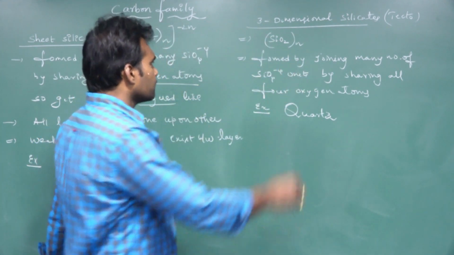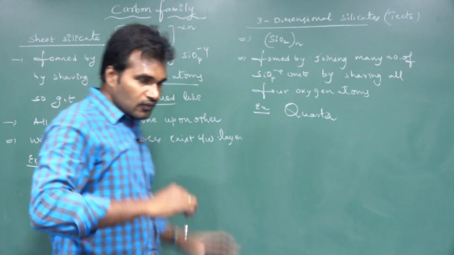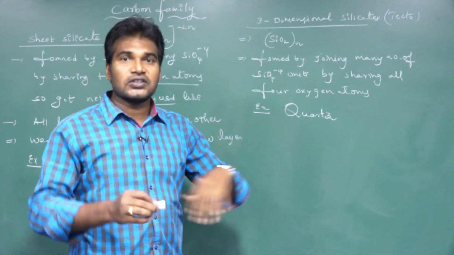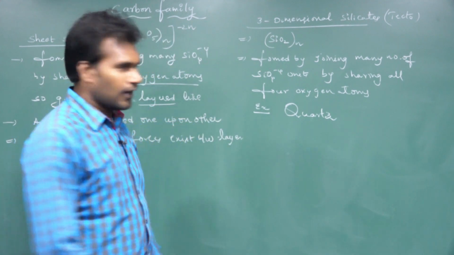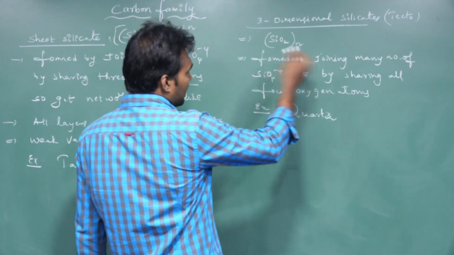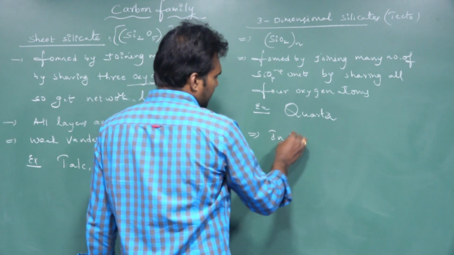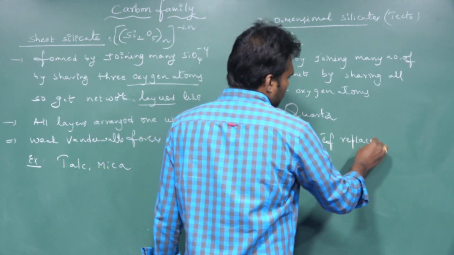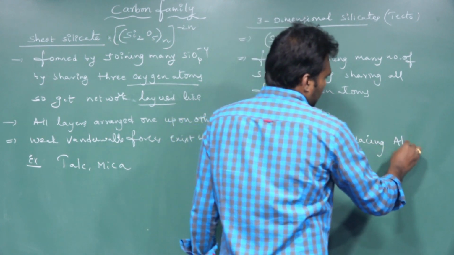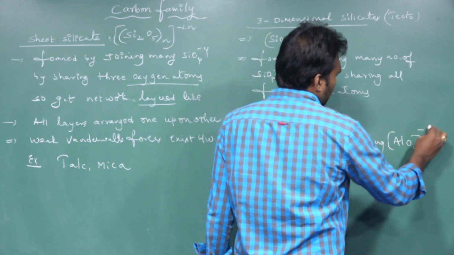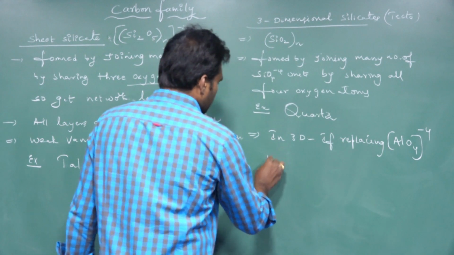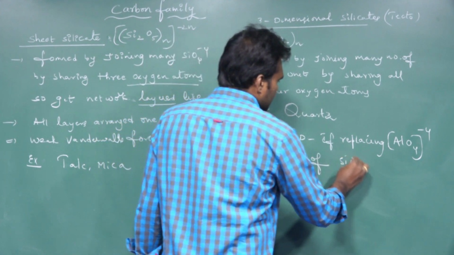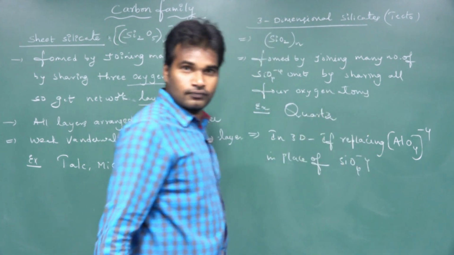And one more thing: suppose in these 3-dimensional silicates you replace some of the silicate units, SiO4 4-, with aluminate units, AlO4 5-.